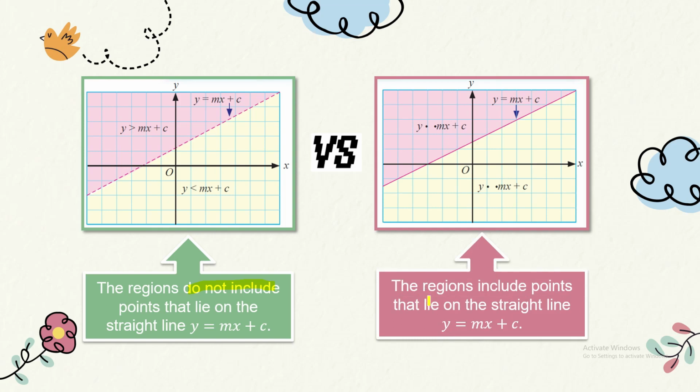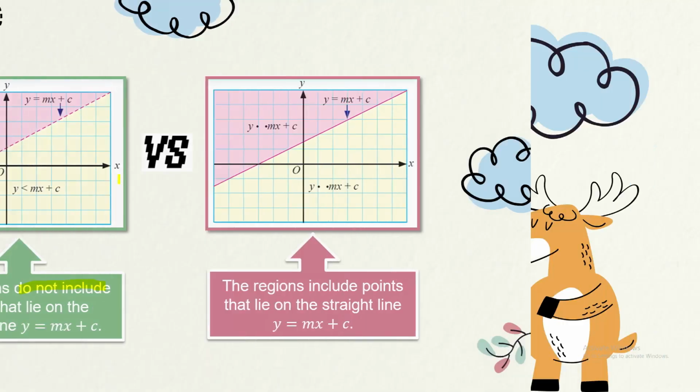So the region includes points that lie on the straight line. If it's a dashed line, it does not include the points on that straight line. Okay, that is the difference.